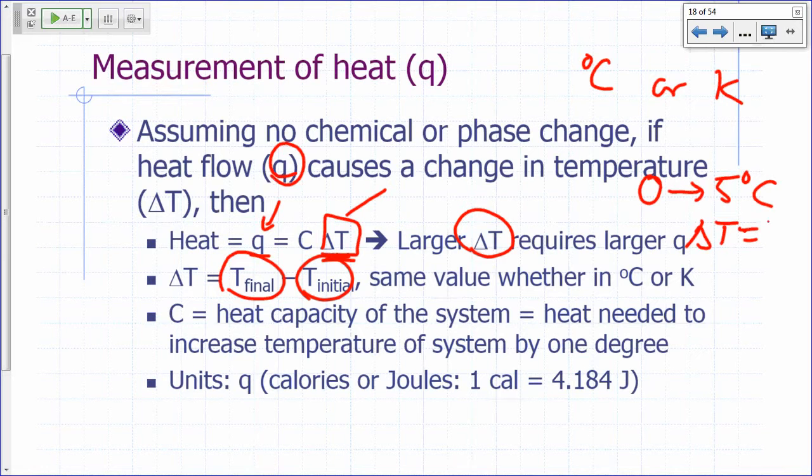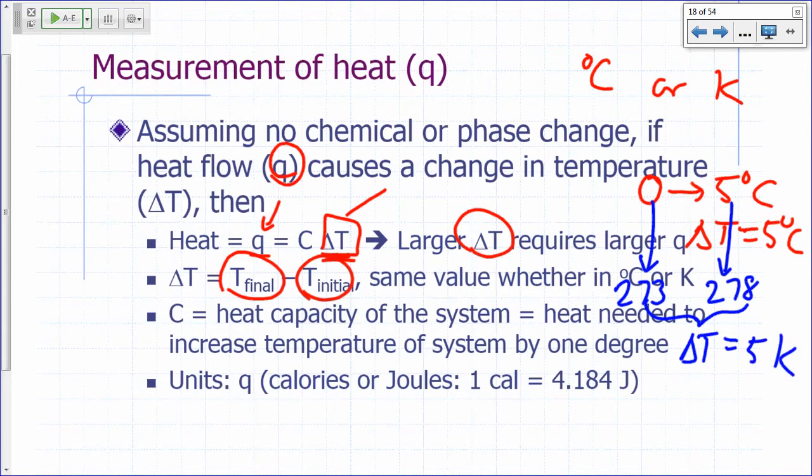That's 5 minus 0, 5 degrees, right? But what would that be in Kelvin? What's 0 degrees in Kelvin? 273, right? And what's 5 degrees in Kelvin? 5 plus 273 is 278. So what's delta T in Kelvin? It's also 5 Kelvin, okay?